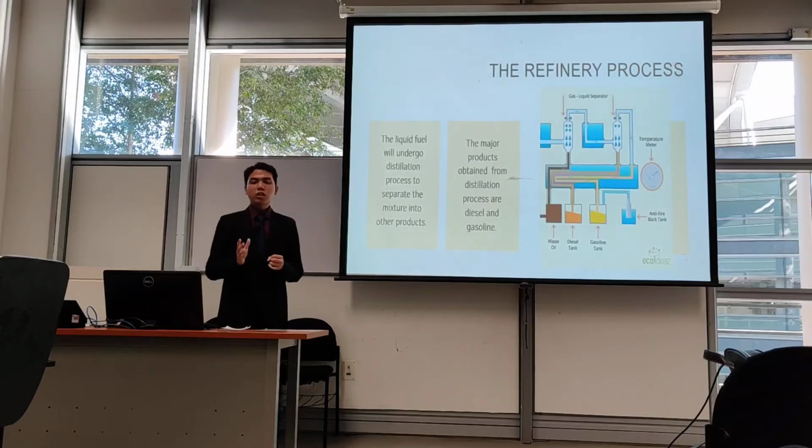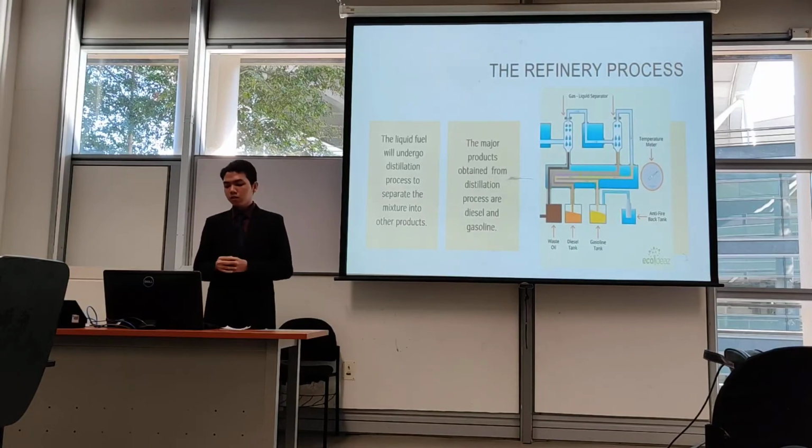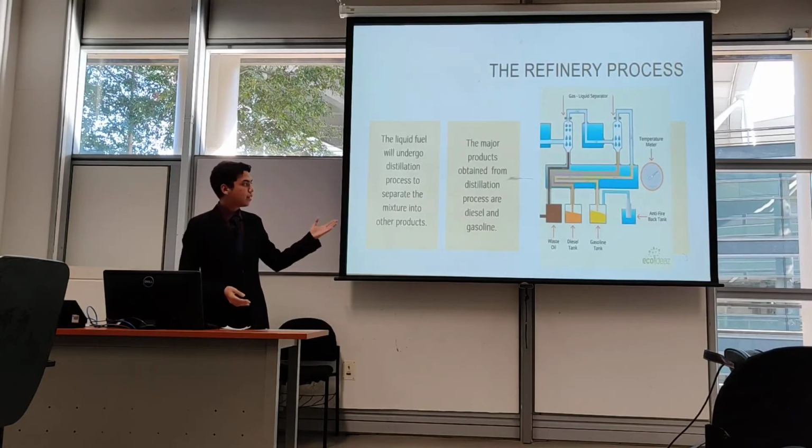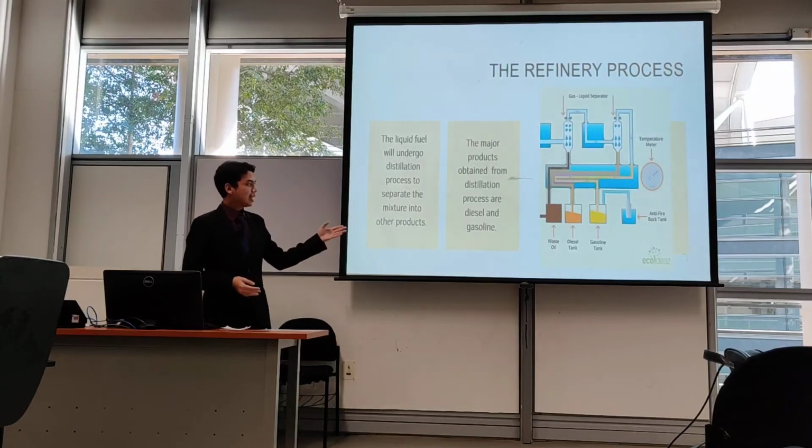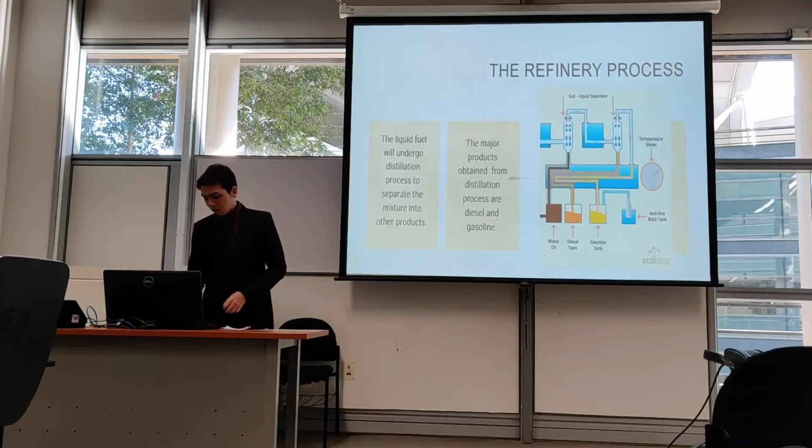So what the distillation column does is separate the compounds according to their boiling point. As you can see here, the major products of the distillation column are diesel and also gasoline.